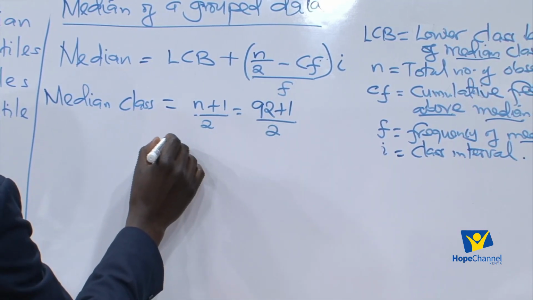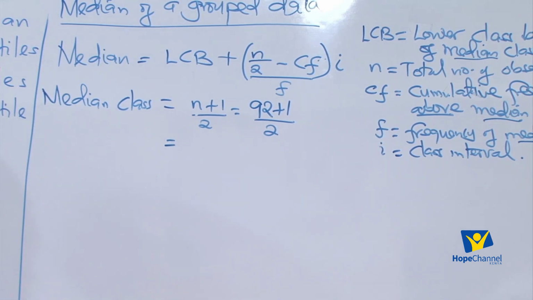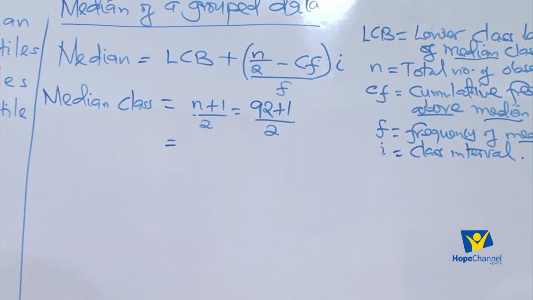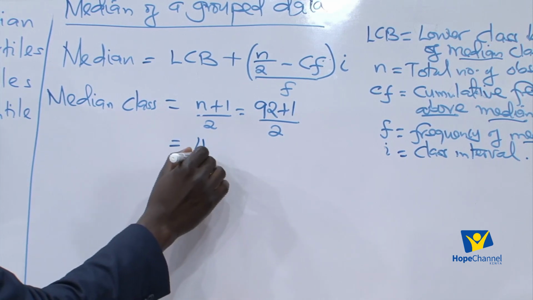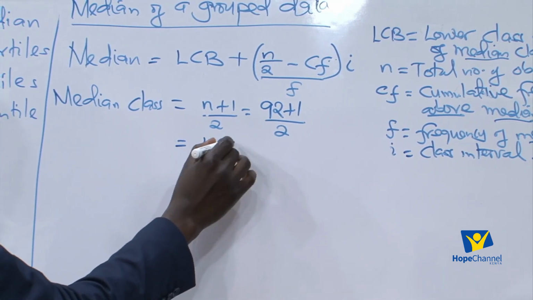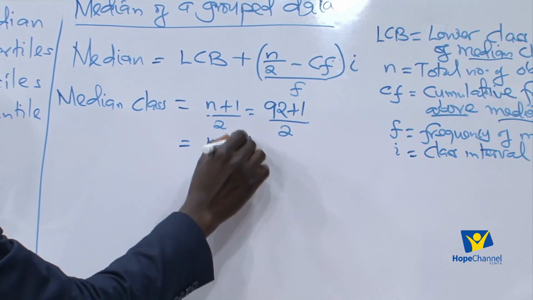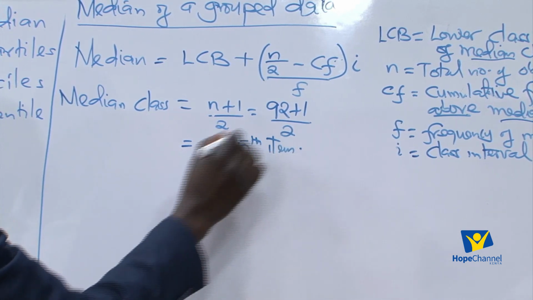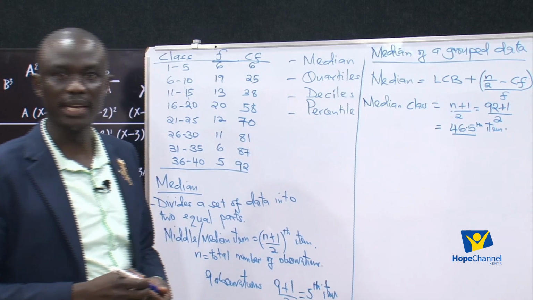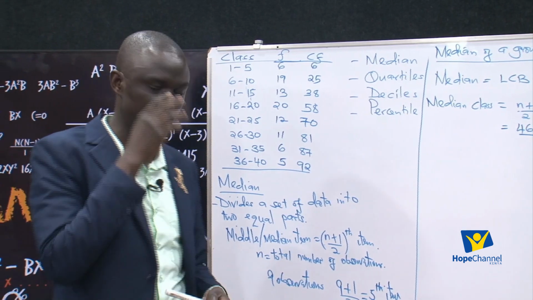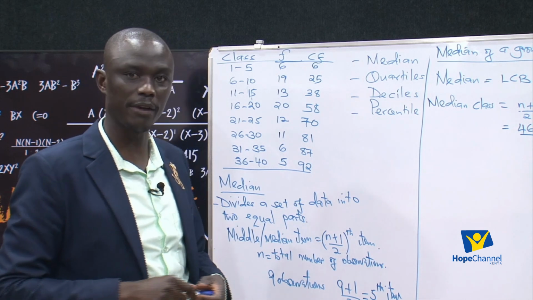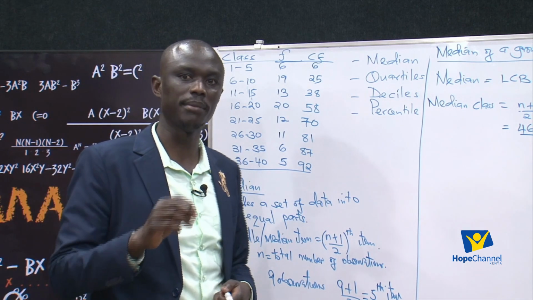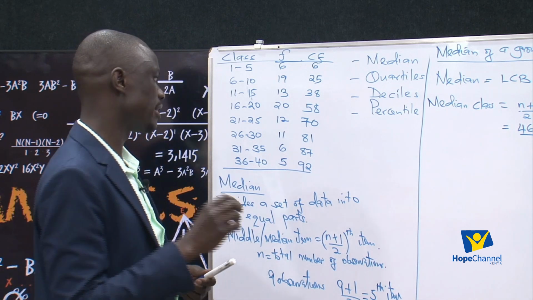So 92 plus 1 is 93. 93 divided by 2, we are going to get 46.5. Good. So item number 46.5 is the item in the middle.